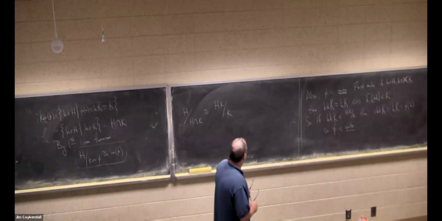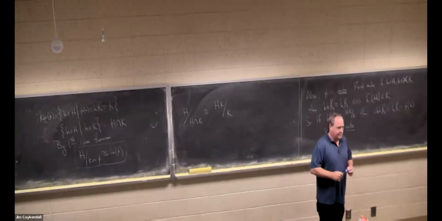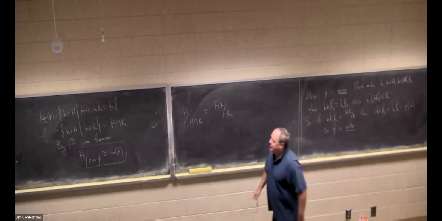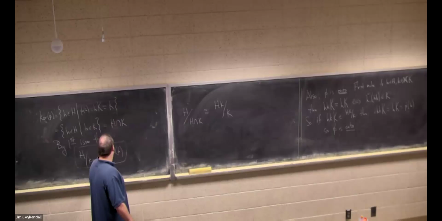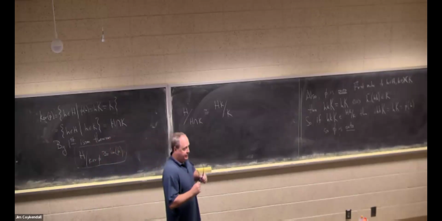Without having the quotient property, is it always true that it's isomorphic to the image? Yes, that's it. This is the complete statement of the first isomorphism theorem. If you have phi that goes from G to H, then there's an isomorphism from G mod the kernel of phi onto the image of it.